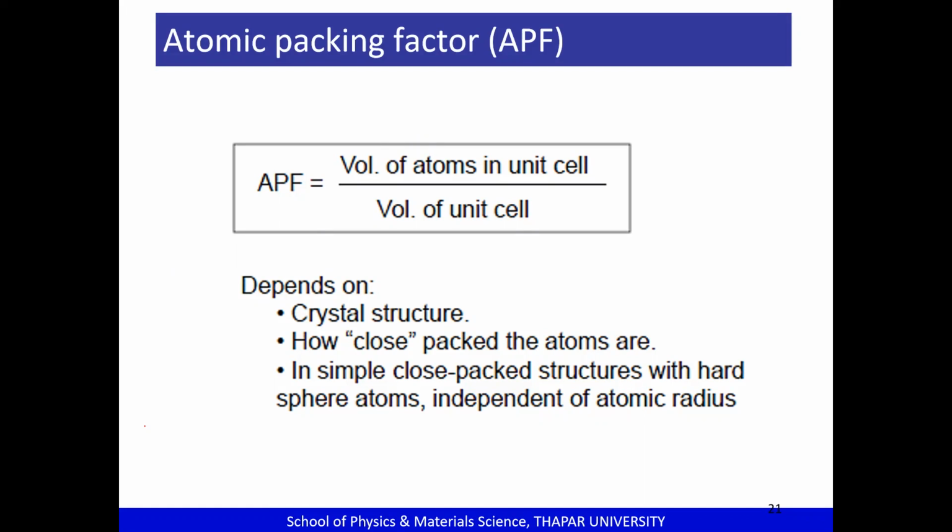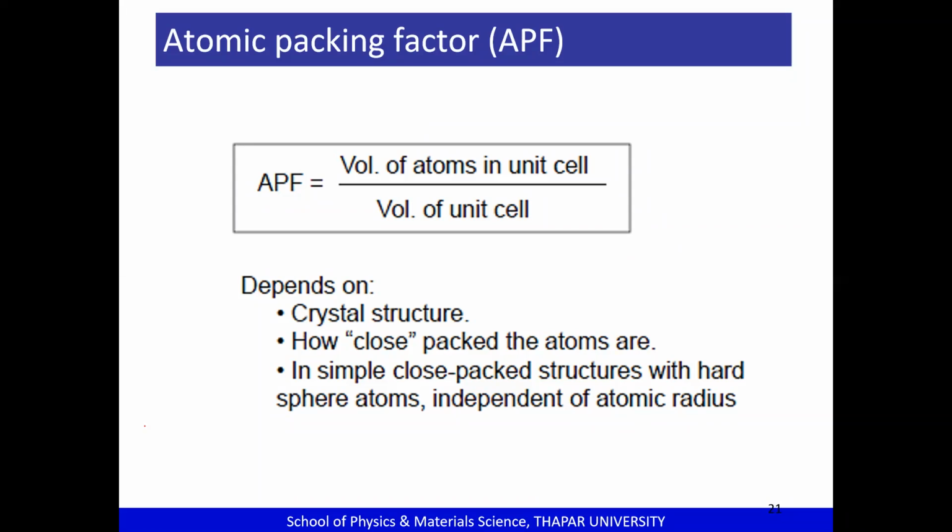What does that mean? If I have two different materials making the same unit cell, for example, an FCC unit cell of iron and an FCC unit cell of copper. Now, how is iron different from copper? Their atomic radii will be different. But still, if you compute the APF for the simple cubic unit cell of iron and the simple cubic unit cell of copper, it will be precisely the same.